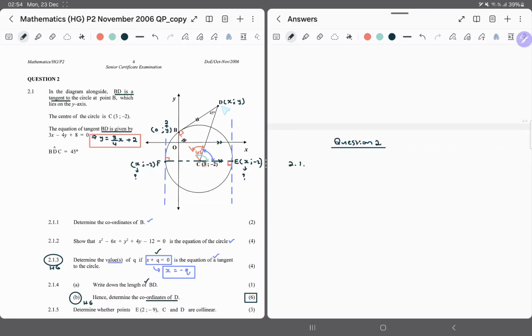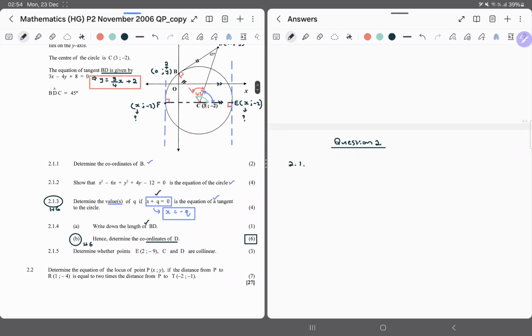Or even better, we don't even need to use DC for that matter. We just use that line because we have the equation of this line. This would be something from the gradient, and then we use the length of this line as we know what it would be using the distance formula. We solve simultaneously, we've got the coordinates of D. So this is not too bad.